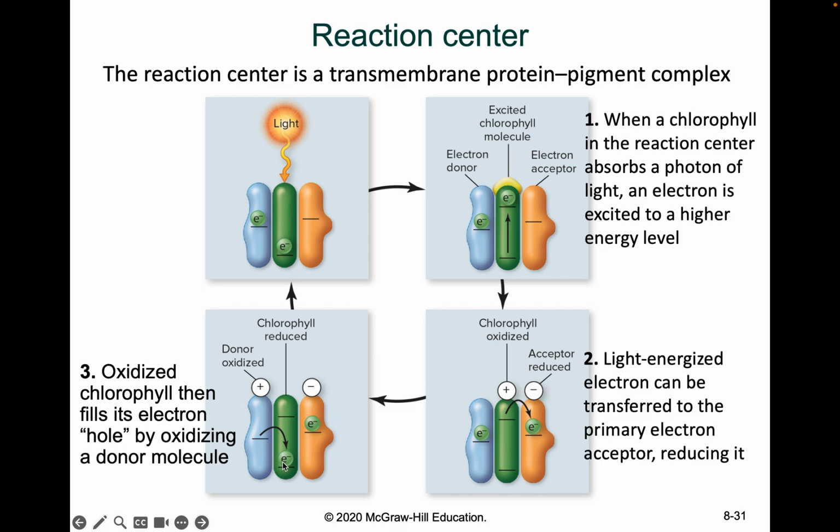We don't want that. So what's going to happen is that we're going to get a donor, someone that's going to donate an electron, and in this case, it's the H2A, or in oxygenic photosynthesis, it's H2O. So H2O is going to break. It's going to pass the electrons here, and the oxygen that leaves is going to be released as oxygen gas. That's why we get oxygen in oxygenic photosynthesis. In the case of anoxygenic photosynthesis, this kind of donor is H2S, for example, hydrogen sulfide.